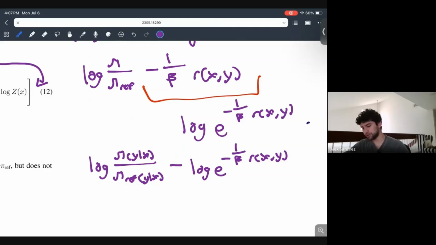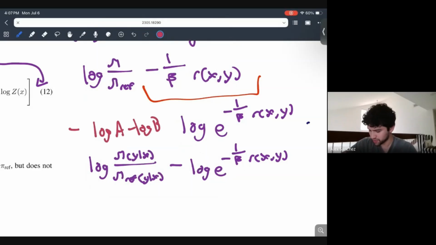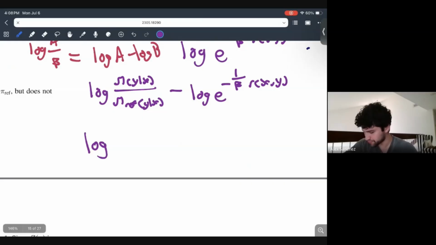And so what I talked about before, remember, let's do a different color, log of A minus log of B, because we literally just went over this, is log of A over B. And so we divide this portion. What we end up getting is this logarithm.